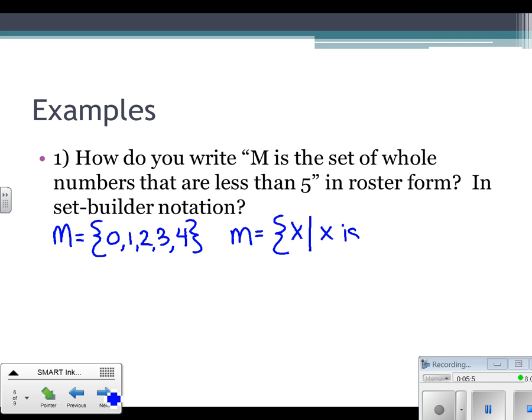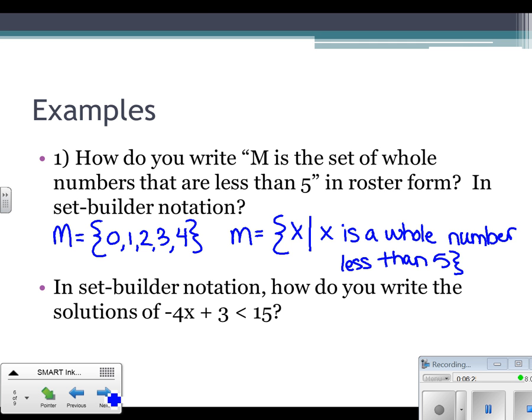X is a whole number less than 5. So with this set builder notation, we're being more descriptive. We're using words to describe what X can be, whereas in roster form, we're listing out what those numbers are, what those specific elements can be.